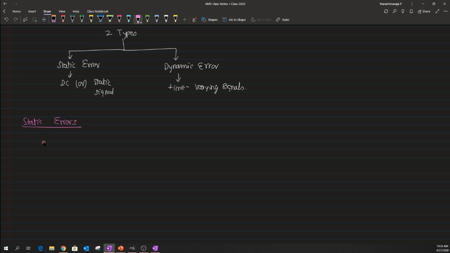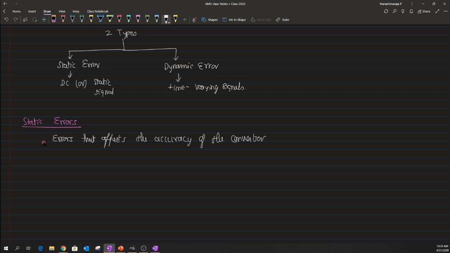Now, under the static error, as I stated, these are the errors that affect the accuracy of the converter while converting a DC signal or a static signal.